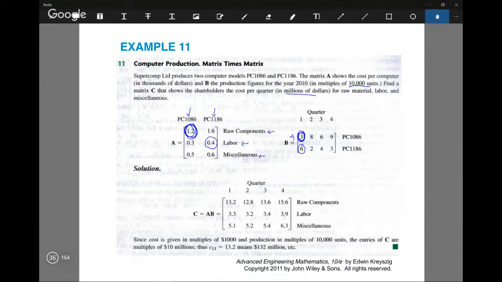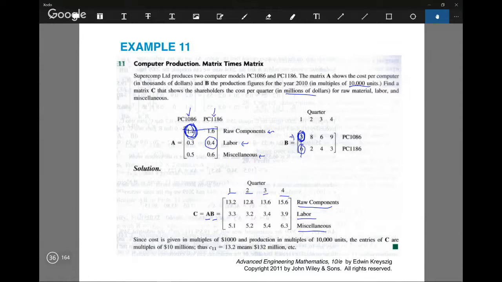So overall, the cost of raw components, labor, and miscellaneous items in the 4 quarters can be computed by taking the matrix product of A times B. When I do the matrix product of this times this, what am I doing?